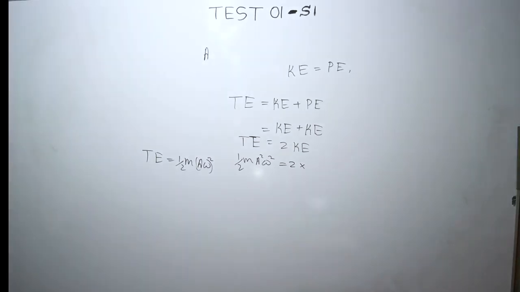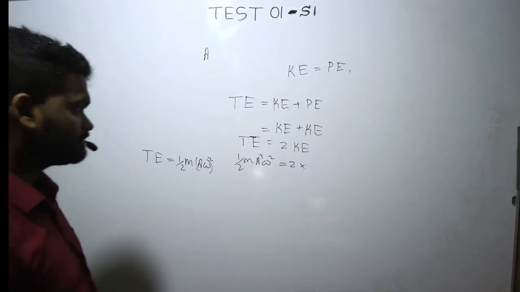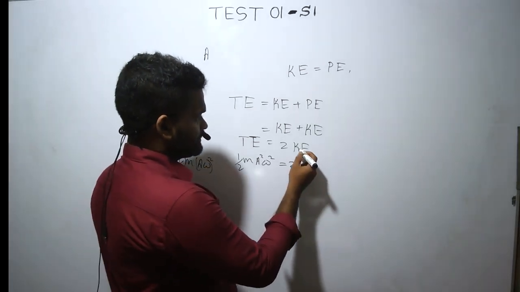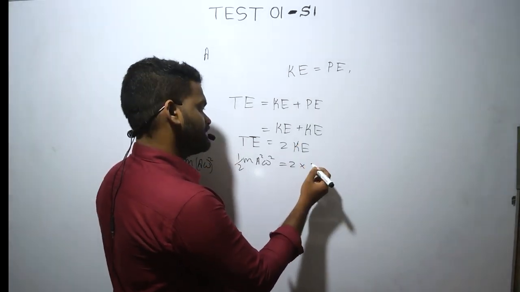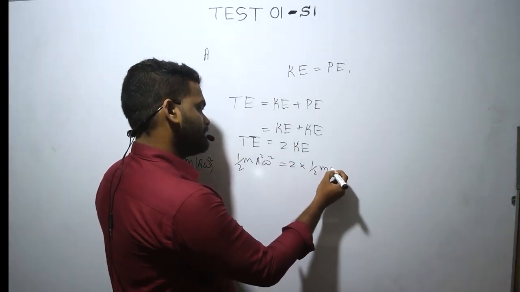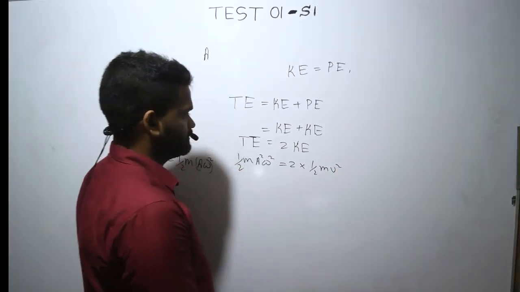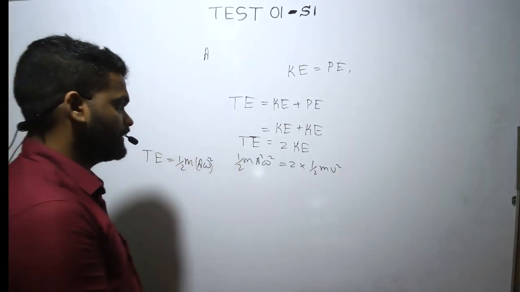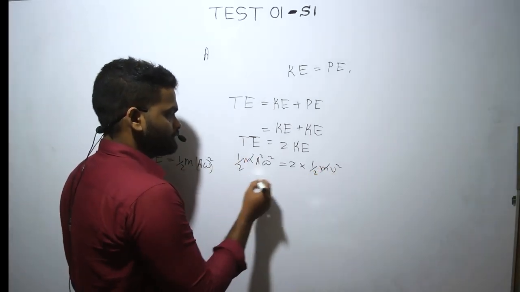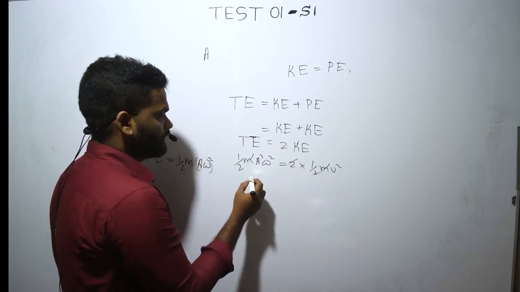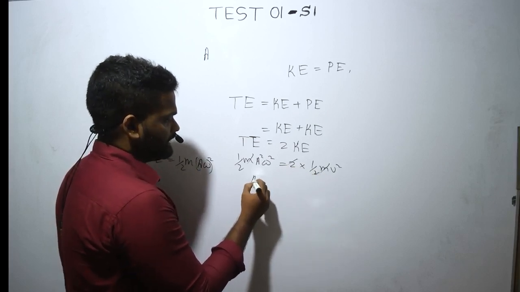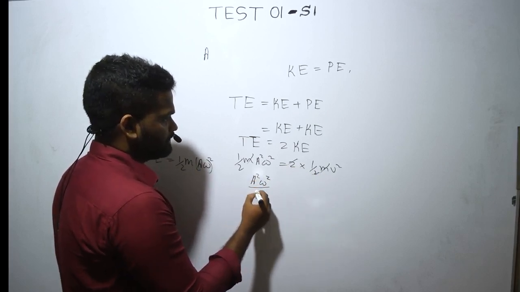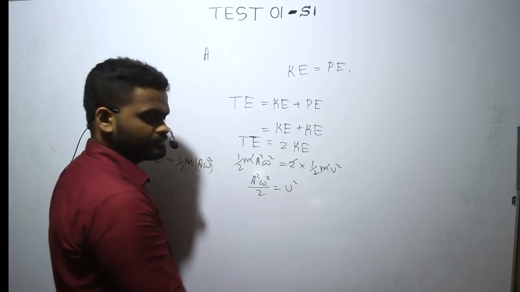So here what they ask is displacement, simply x. So instead of kinetic energy, I can use this half m v squared. Okay. If you want, you can get rid of m and this 2. So here we have a squared omega squared divided by 2 equals v squared.